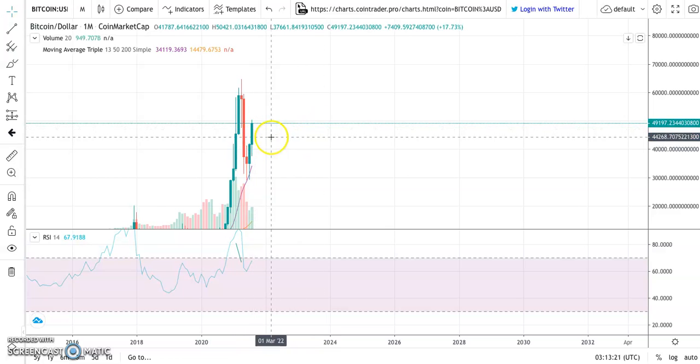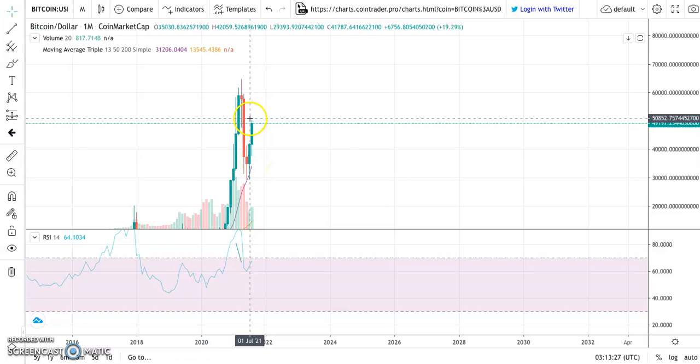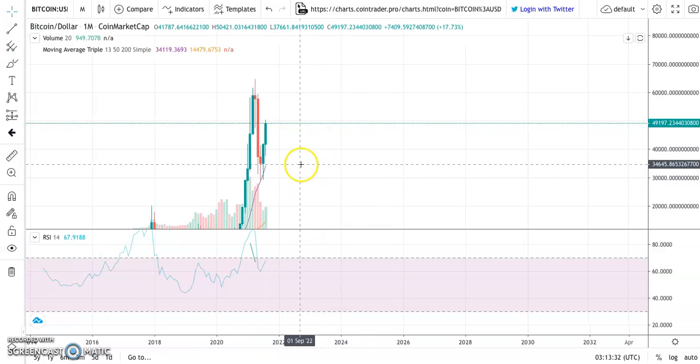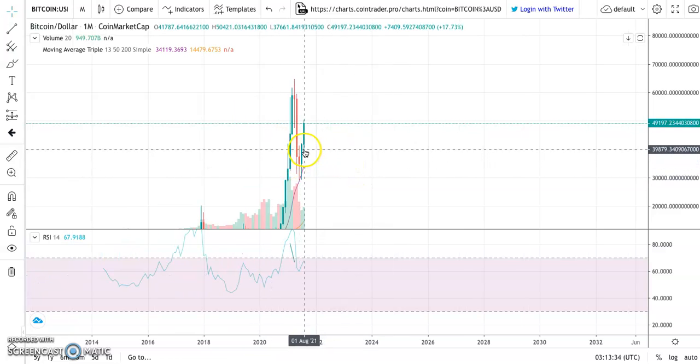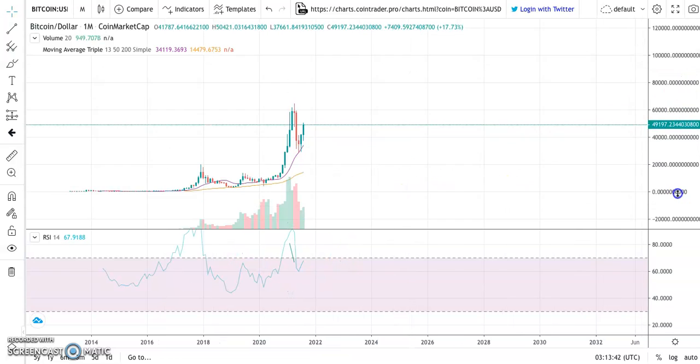I hope it makes sense for you. These wicks just mean the price was down that much, but it actually closed here on top. So just bear that in mind. Don't be too distracted. You always see the close and the opening with the full volume of the color. Okay, so I just want to make that pretty simple.